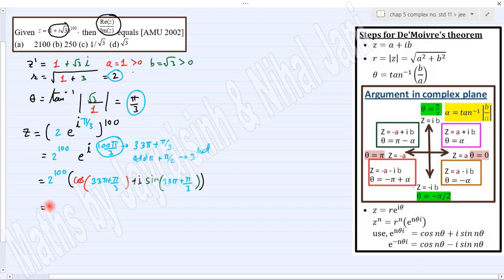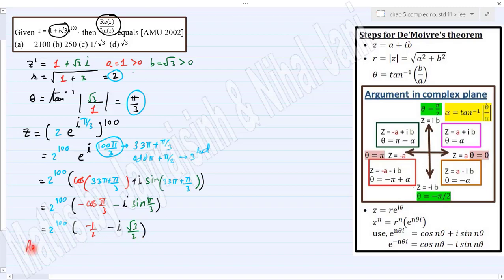In further simplification, your 2 raised to 100 will be as it is. Cos of 33 pi plus pi by 3 will become minus cos pi by 3. Then minus i times sine pi by 3. If we substitute the values, you will get minus 1 by 2 minus i times root 3 by 2.